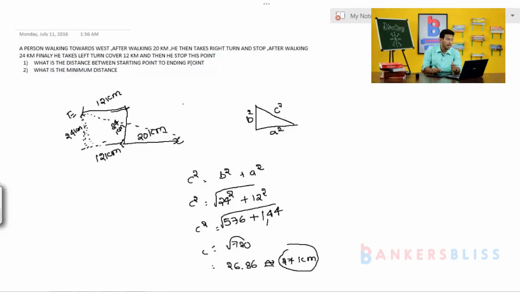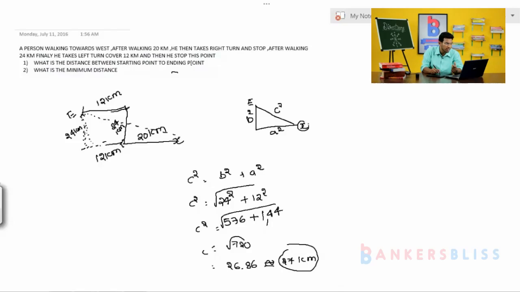So guys, when they ask about the starting point and ending point, you just observe the Pythagoras. You don't need to know much more, you just apply the right-angle diagram. Look here, E is here and x is the starting point.